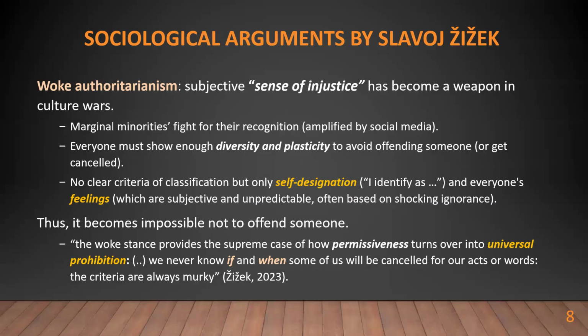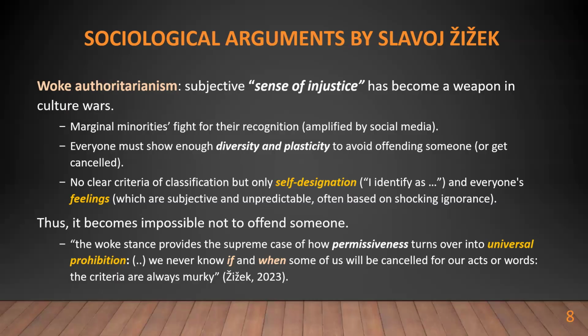They talk about how everyone must show enough diversity and plasticity to avoid offending someone, or if the offense happens, there's a danger of getting canceled. But there's no criteria, no classification, only self-designation, that people identify as something. And there's everyone's feelings. That is, you may feel offended by standards that are only understandable to yourself.